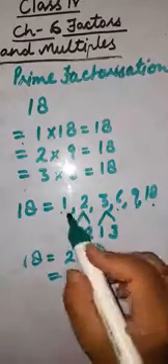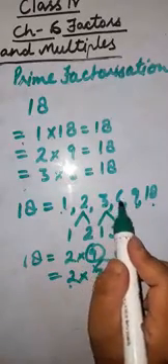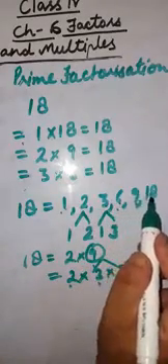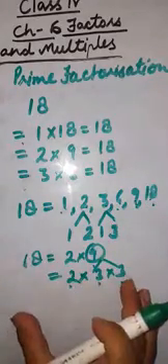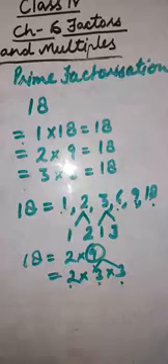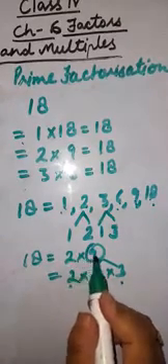Okay children? Here we have factors of 18: 1, 2, 3, 6, 9 and 18, right? But we have to find out only prime factors. Prime factor means that which has only 2 factors. So here we have written 2 multiplied by 9.